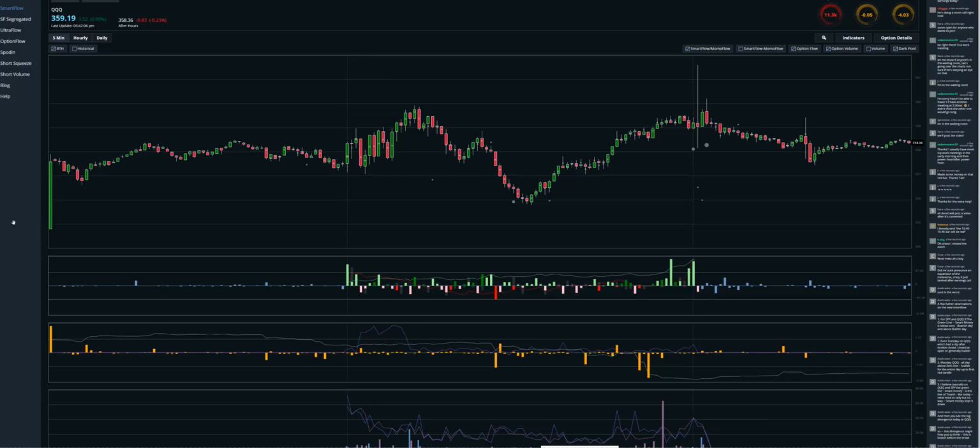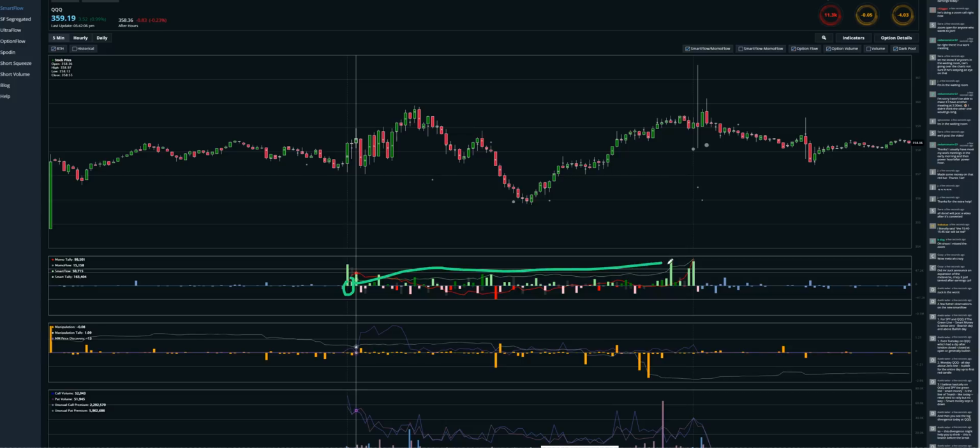Here is yesterday on QQQ, and we can see yesterday the smart money opened up above zero and actually stayed above that zero line for the entire day, even through this dip, where retail was actually starting to get shaken out, saw this dip, and started to go short, while long money stayed long.